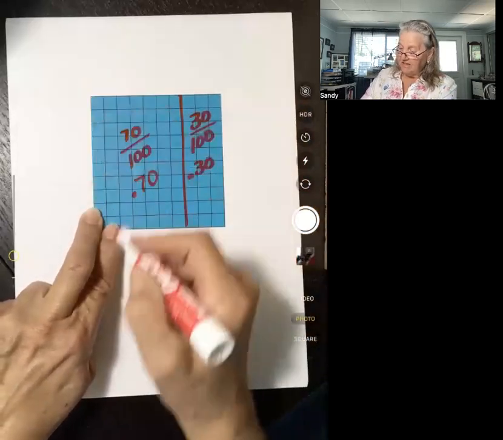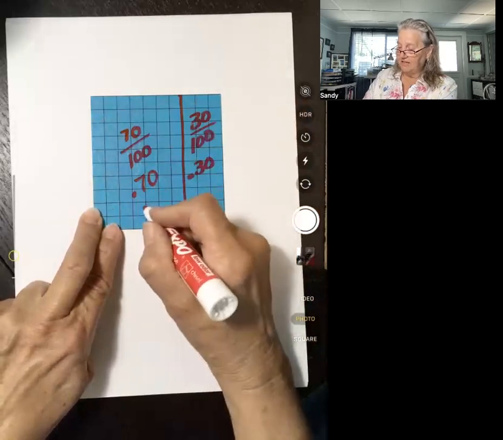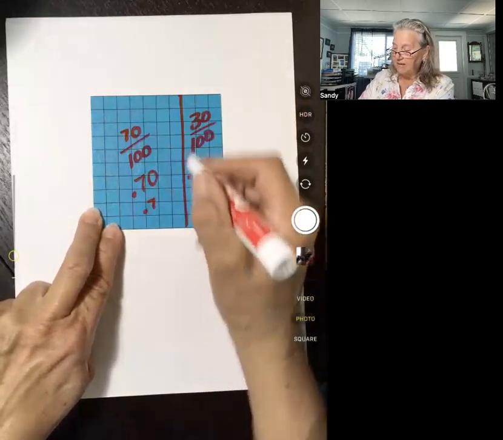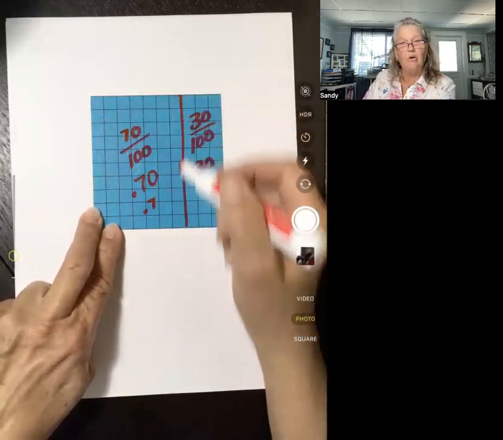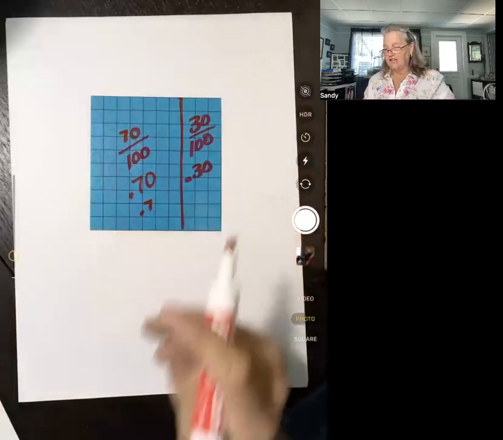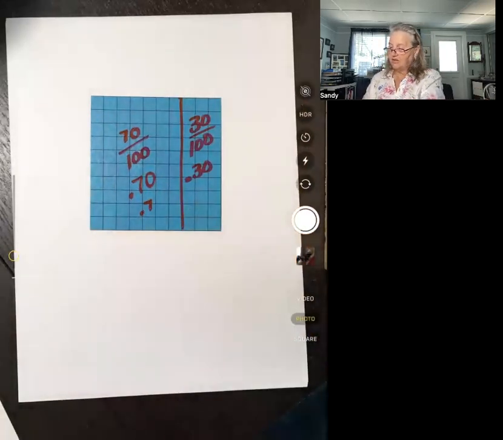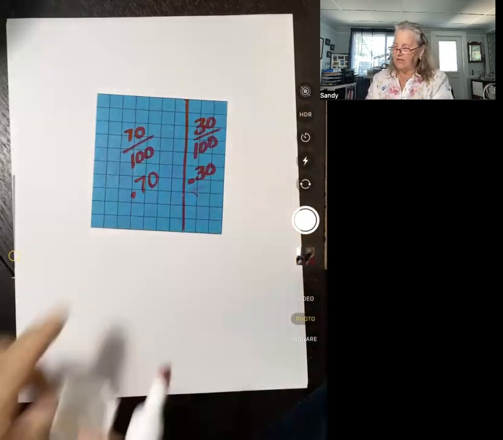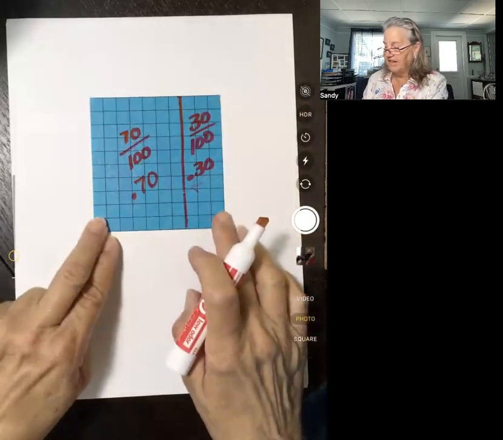Now, if I picture this, this will also be equivalent to 7/10, but 7/10, I'm looking at the whole thing, okay? So 7/10, 3/10. I want to keep this for now as the 70 hundredths, okay?